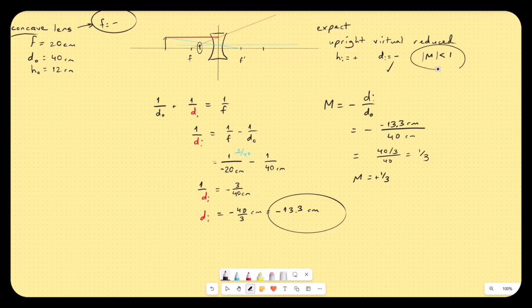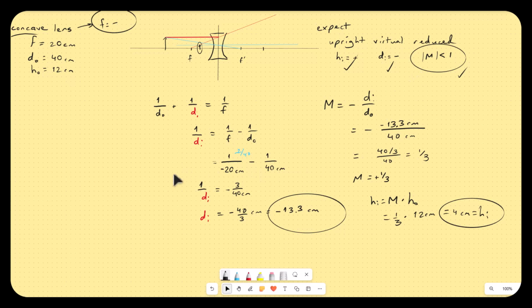I do get a magnification that's reduced. Now I get an image height. My image height is the magnification times my object height, so 1/3 times 12 centimeters equals 4 centimeters for my image height. That's positive. Everything checks out.